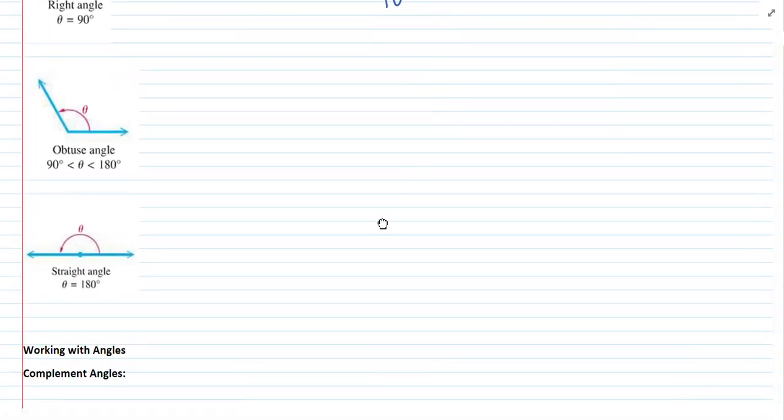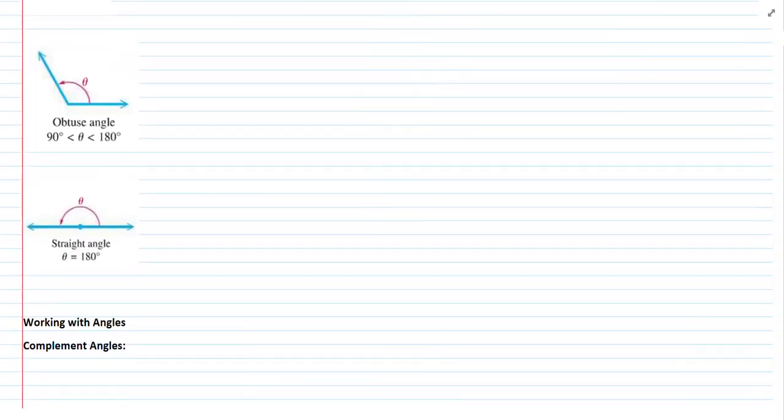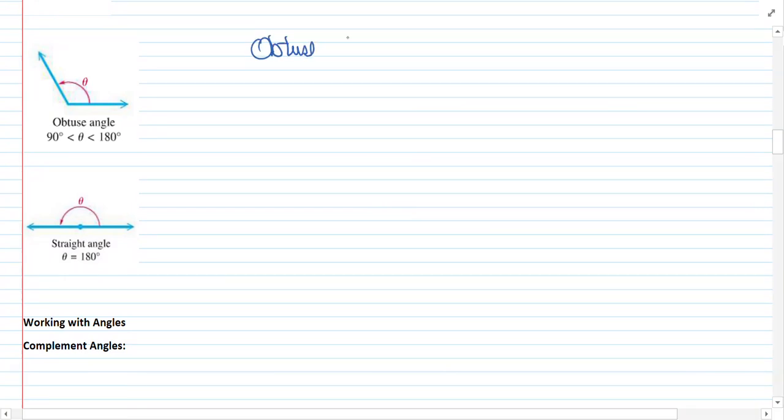Then we have obtuse. And obtuse says it is greater than 90 degrees, but less than 180 degrees.